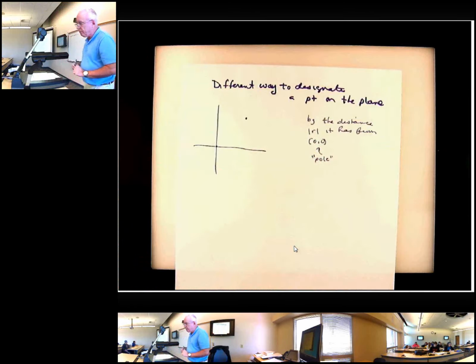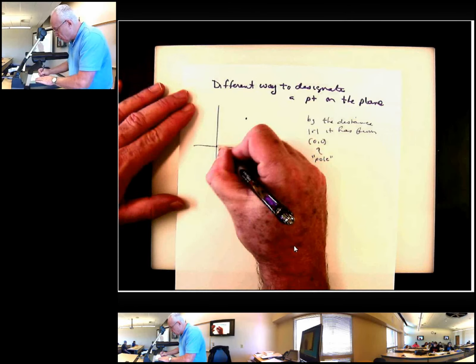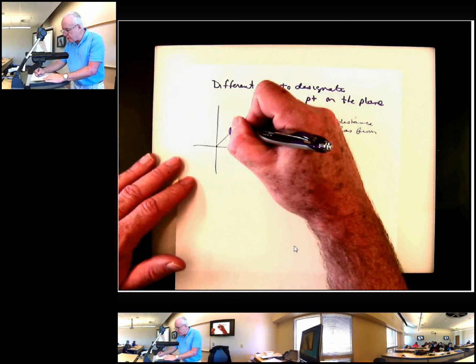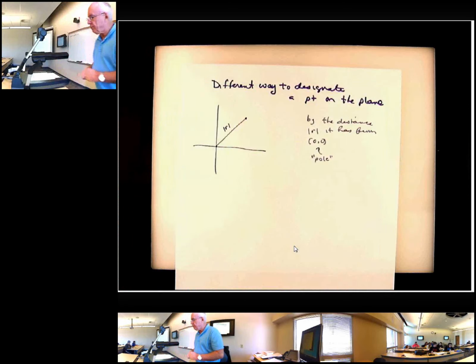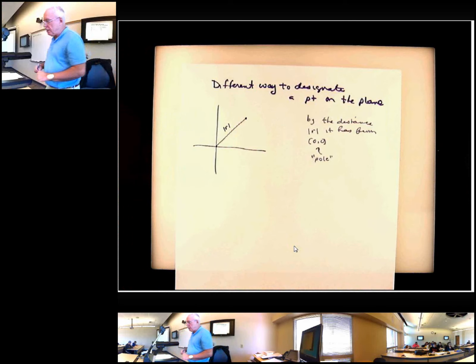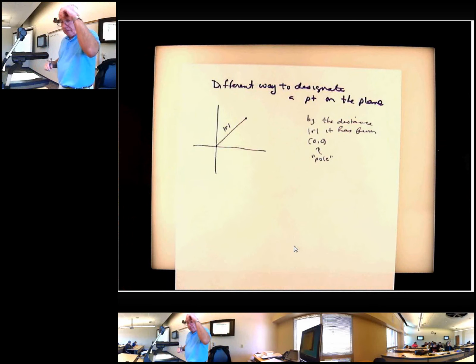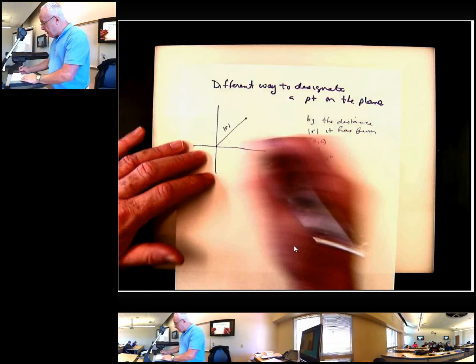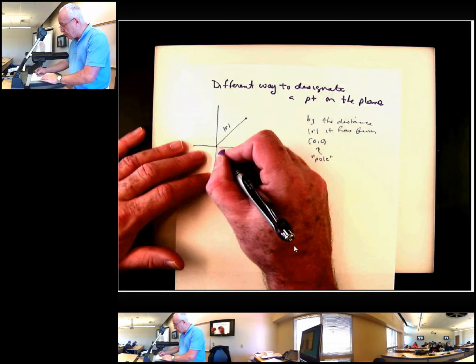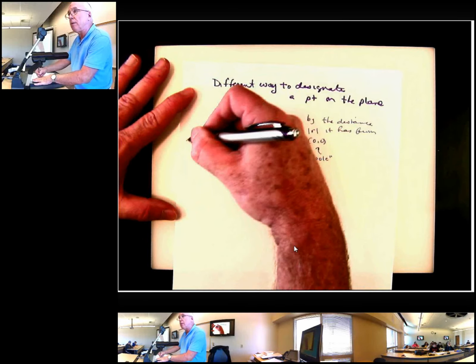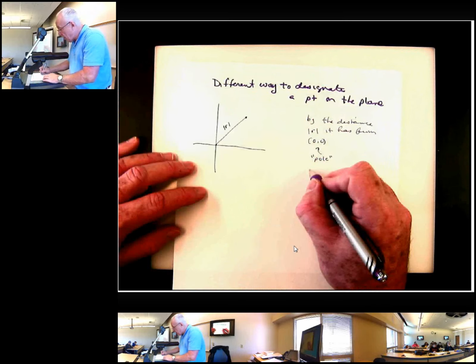So we can draw a straight line here, and this distance is absolute value of r. There's a reason I have the absolute value there, and I'll say that in a minute. But there's a whole lot of points that have that distance r from the pole.